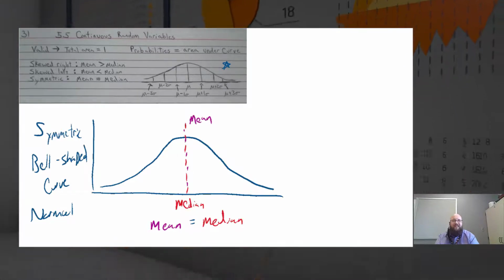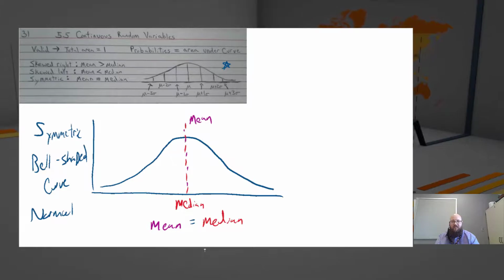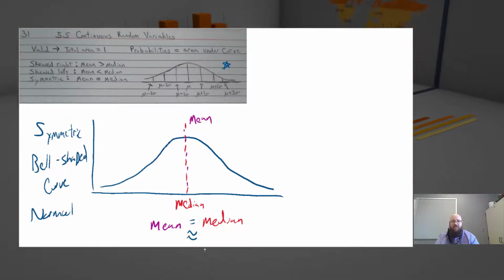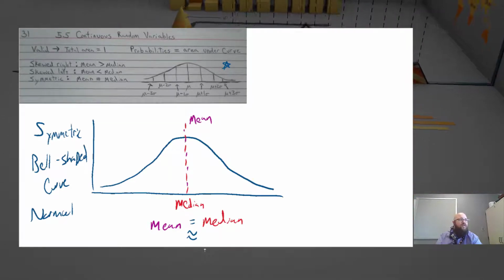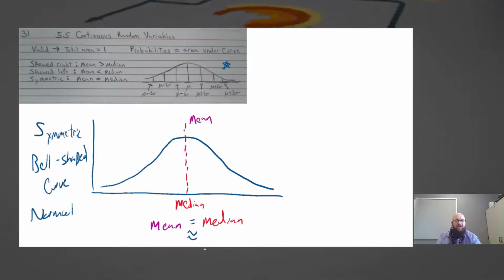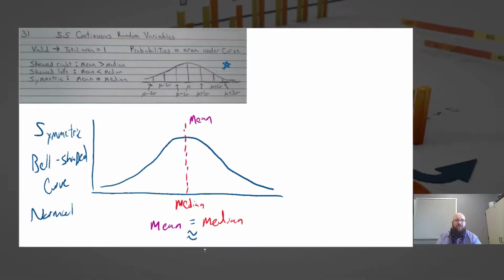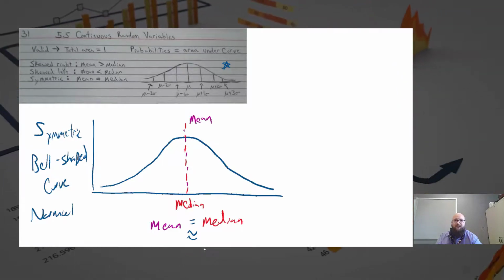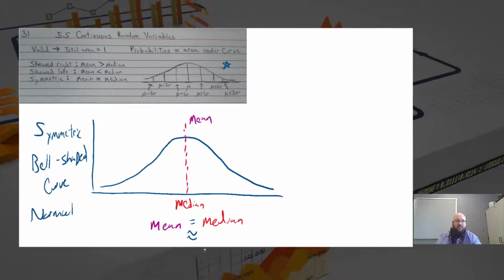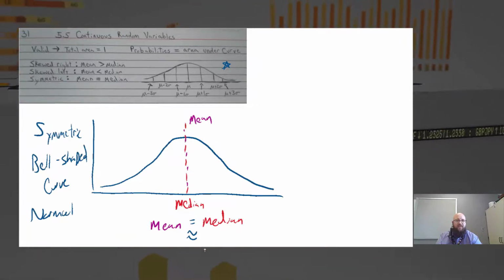If anything, they're going to be very similar and very close, okay? More than likely though, for the types of problems we're going to deal with, they're going to be equal for a normal bell-shaped curve, okay? When it's a symmetric look like that, they're going to be equal. So that's the big thing we're going to talk about.